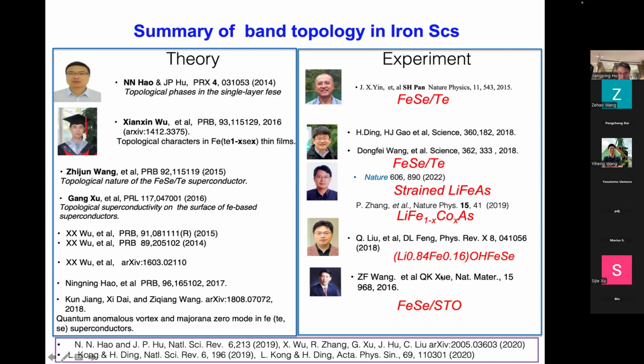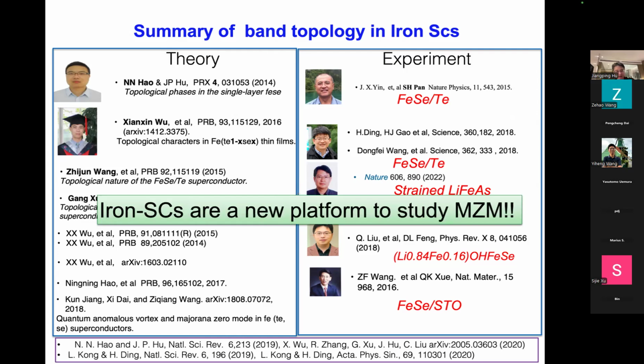There are quite a few experimental groups that at least observe these zero Majorana-like modes. So at this moment, I think iron-based superconductor is a new platform to study Majorana zero modes. There has also recently been lots of experimental progress in these directions.